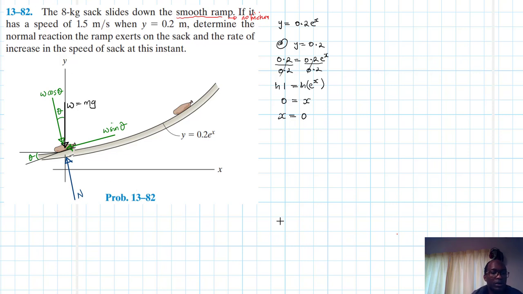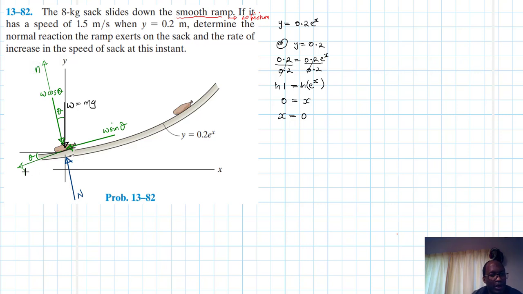All right, so let's say we do have coordinates along this direction, which I'm calling my t, and another coordinate in this direction that I'm calling my n.